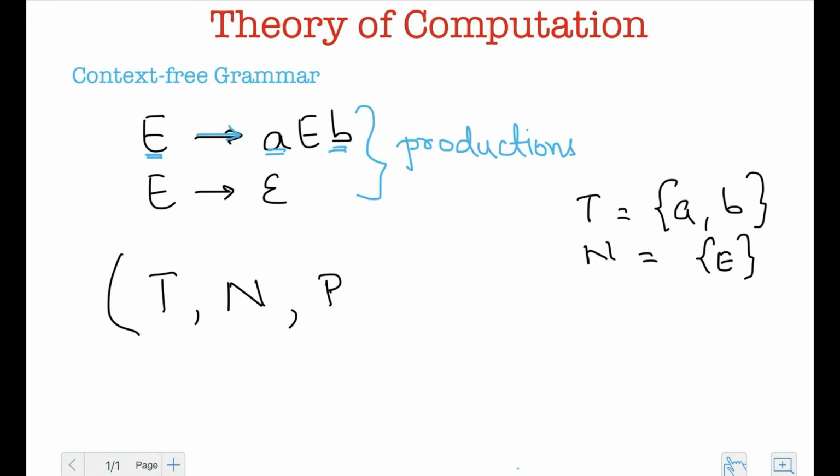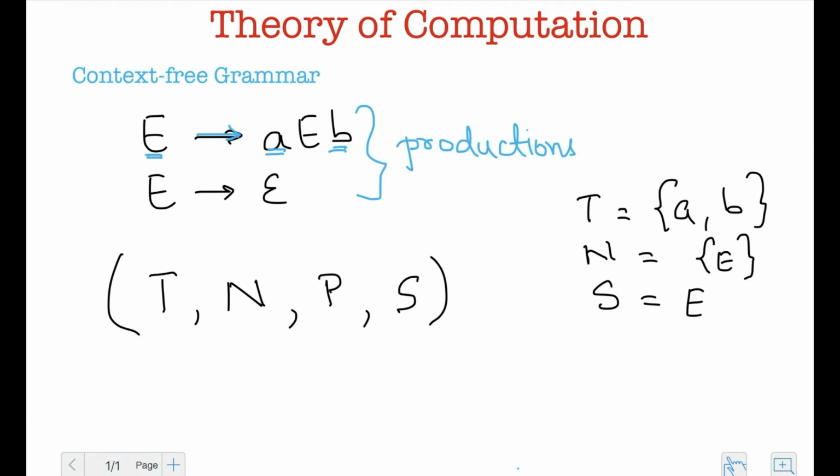We just need one more thing to completely define a context-free grammar, which is the start symbol. In our case it is an E. This should be represented by S. So in our case S is E, and that's what defines a context-free grammar.